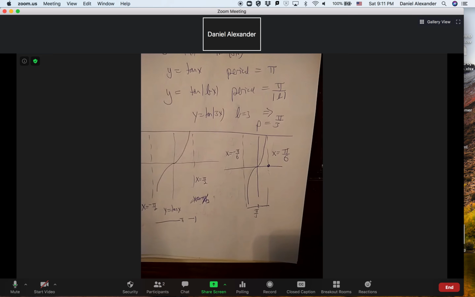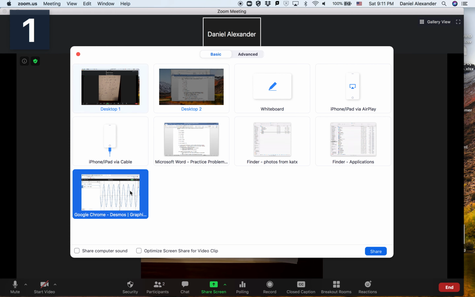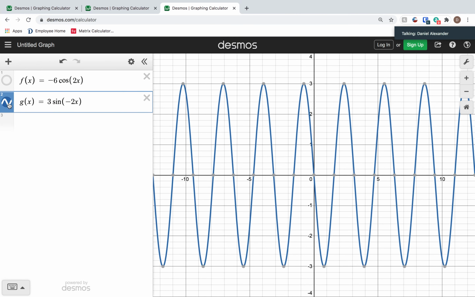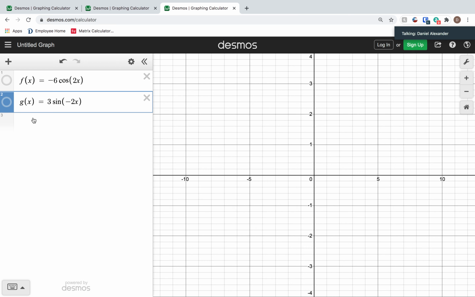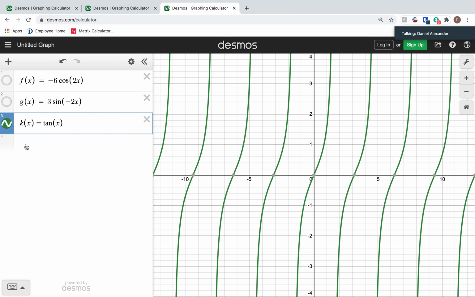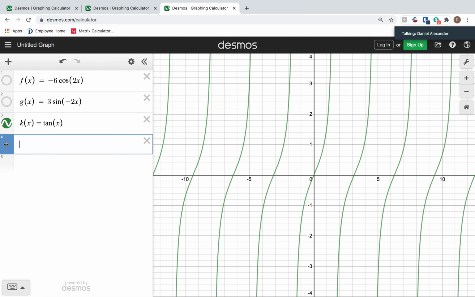So again, let's look at what happens with the tangent function. Let me turn that off. Let me add k of x equals tan x. And then I also want to add this.